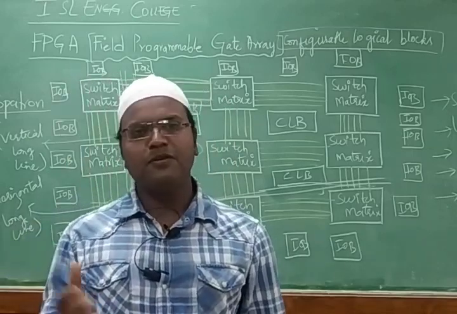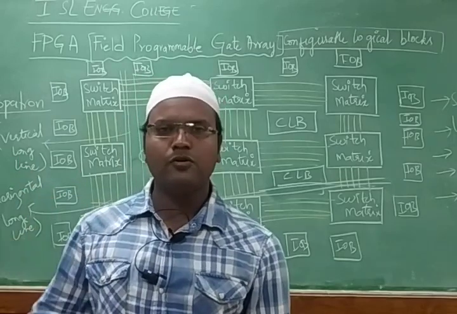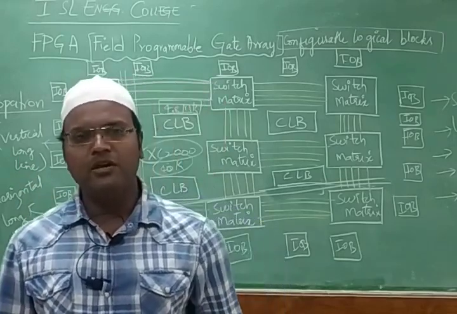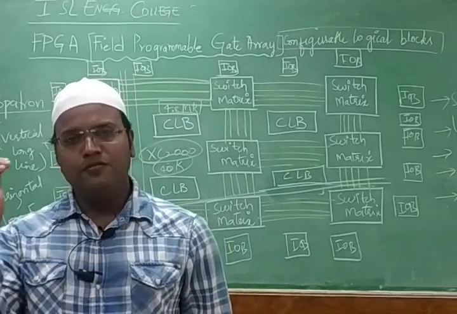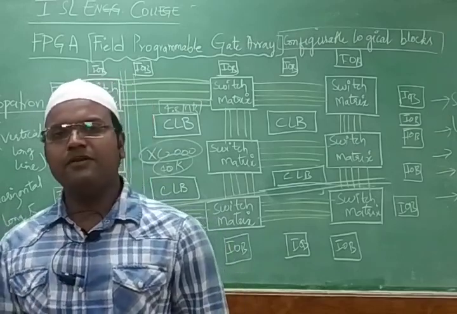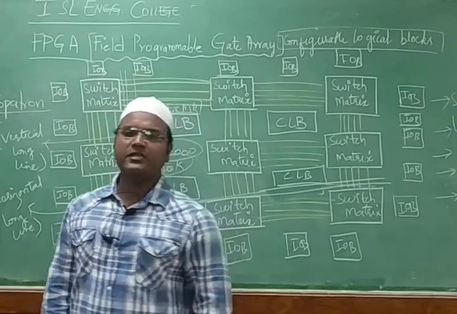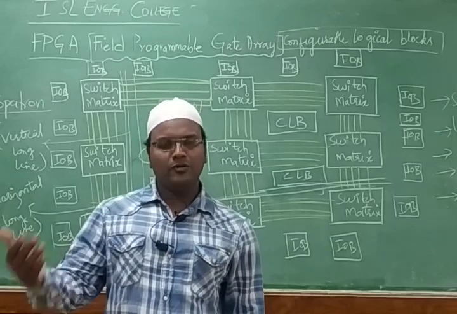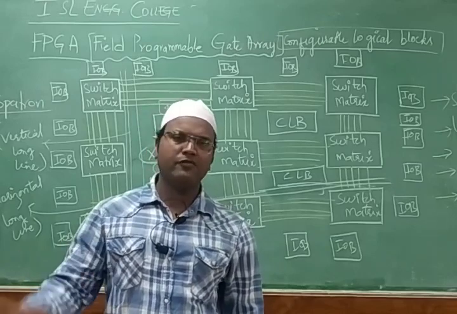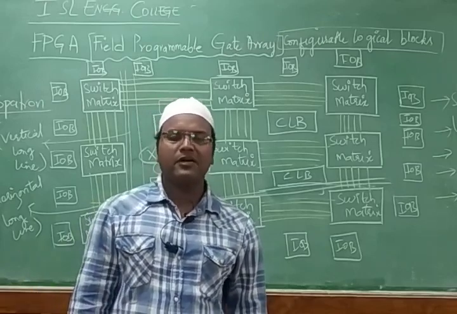FPGA is mostly used in VLSI designing, which is a branch of our EC department. If you want to go for designing particular ICs, then you have to go for VLSI design, in which we had different kinds of concepts. CMOS is there, inverters are there. By using PMOS and NMOS, we have different kinds of metal oxide semiconductor devices.